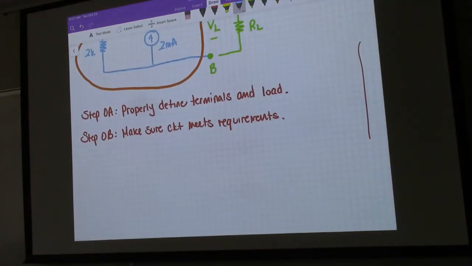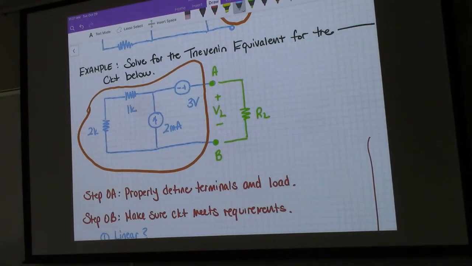So what do those consist of? 1, is it linear? For linearity, there's a formal way that we can check mathematically, but we essentially will be making sure that it only has independent or dependent sources and constant impedances, which it does.